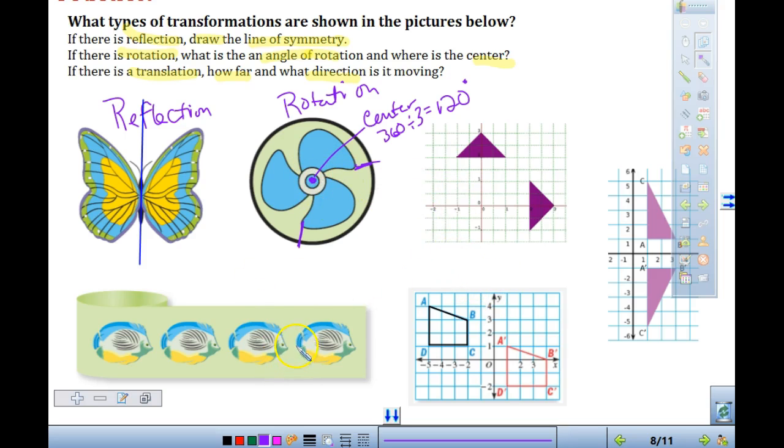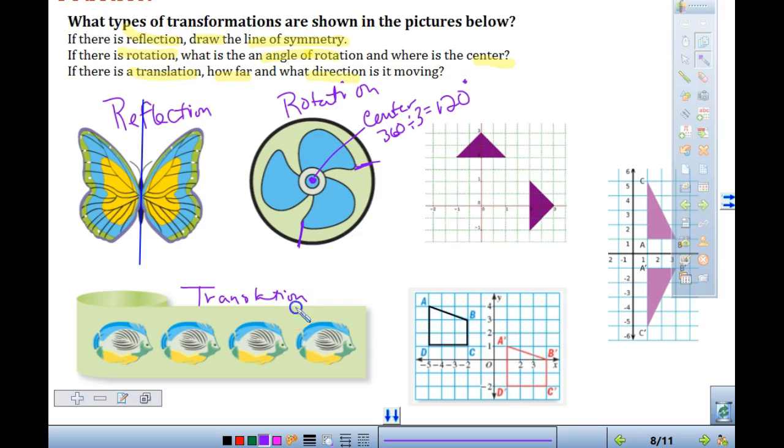This last one down here is going to be our translation. Our homework is going to look a lot more like this as we get into the unit. In this first one, we're translating the fish, and we could say we move it to the left or to the right. Does it matter?